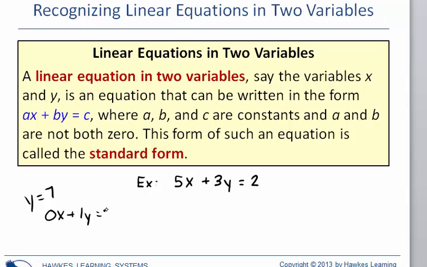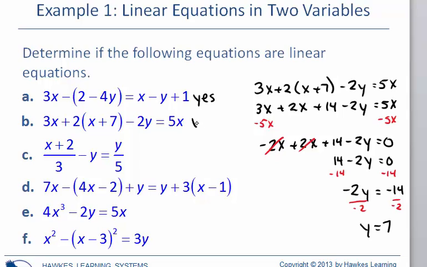And the c value is 7. And we're told that a, b, and c are constants, and a and b are not both 0. So the a value can be 0 as long as the b value is not. So yes, this is a linear equation in two variables written in standard form.